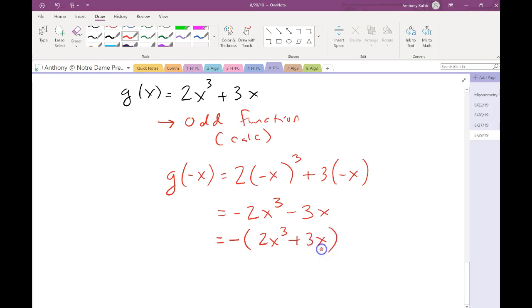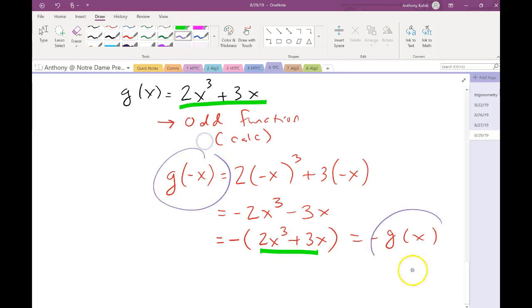So when I factor that negative sign out, the 2x cubed becomes positive, and the 3x becomes positive. And if I check this versus this, what do we notice? They are identical. So this is indeed negative f of x. Oops. We called this g of x. Negative g of x. But those two things are equal, and we've shown what we needed to show.